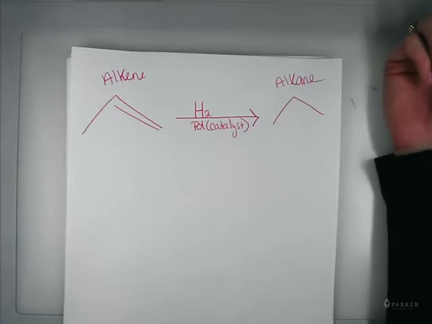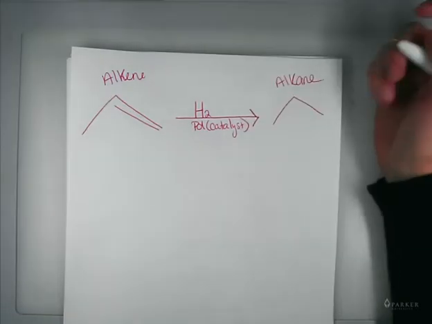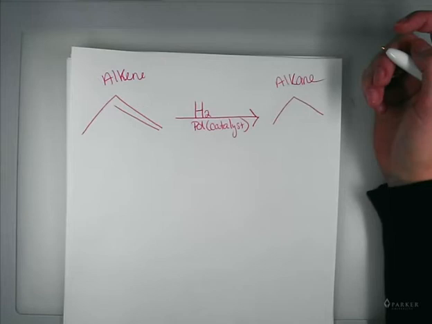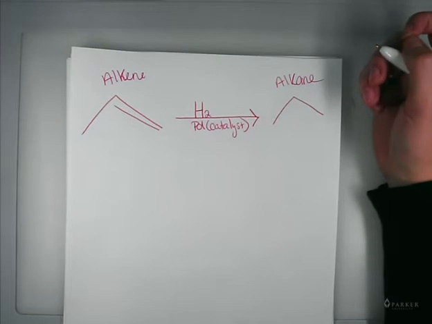So if I just have Br2 and this here, what would I add across the double bond? 2 bromines. What if I had bromine with water? OH and Br. What if I had mercury, water, and a BH4? OH and H? And is that Markovnikov or anti-Markovnikov?